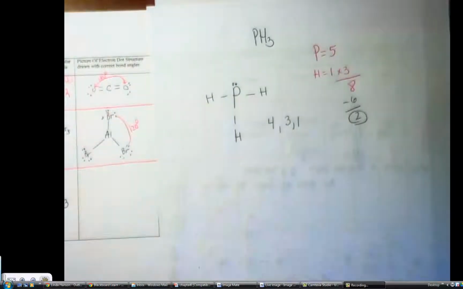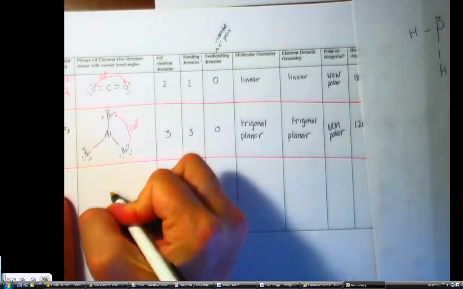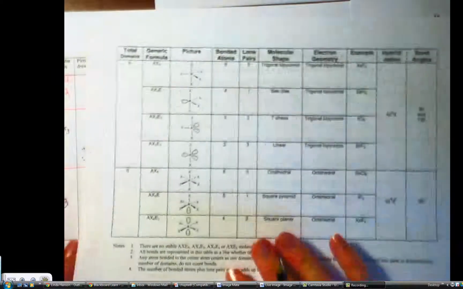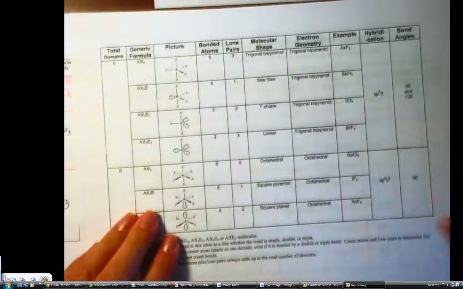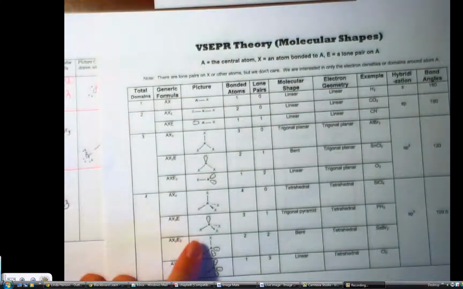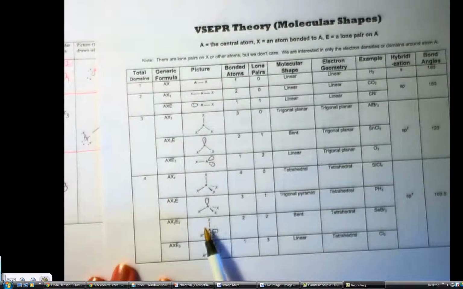So let's draw it. Phosphorus in the center, and again, think about trying your best to draw the geometry. We're trying to draw a trigonal pyramidal, so we have this lone pair of electrons and 3 pointing down.